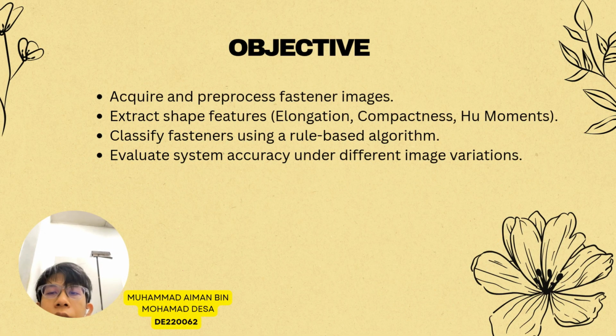Next, the main objective of this project is to develop an automated vision system that can identify and classify these fasteners accurately. To achieve this, images of the fasteners are acquired and processed using MATLAB.